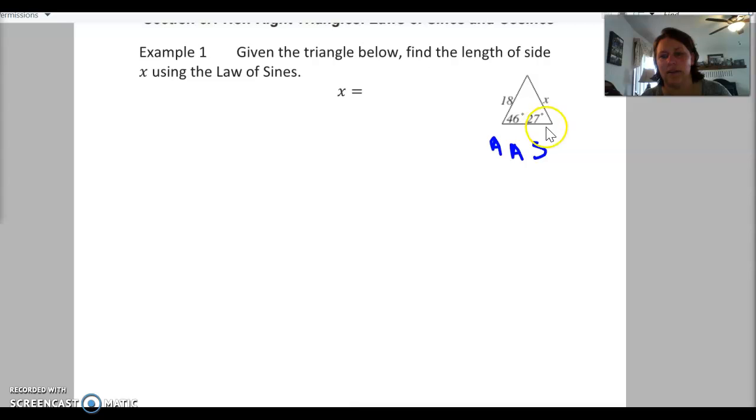So I'm given the angle of 27, and I'm also given its opposite side. So I'm going to start off with that one because that is a complete ratio. So the sine of 27 over 18, I know both of those, and then that's going to equal the sine of 46 over x.